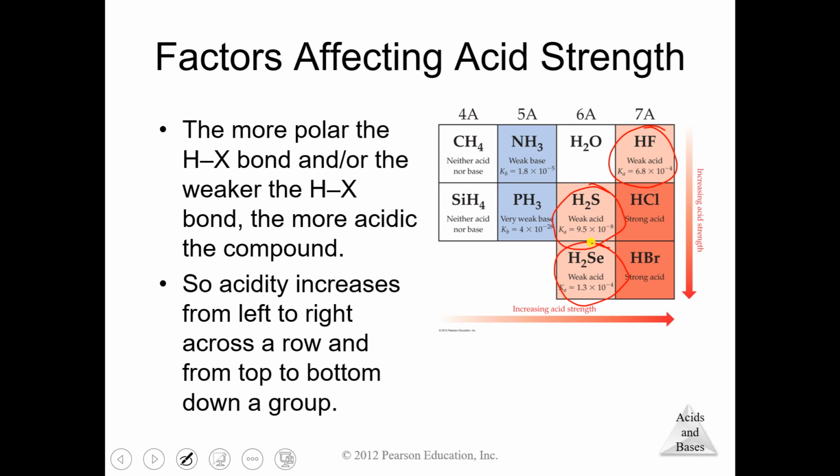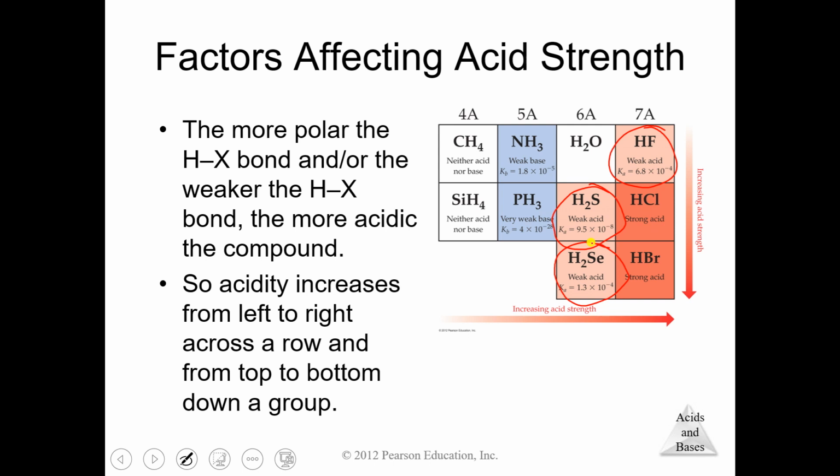They're actually weak acids because the bonds are very strong. The bonds are very strong and therefore not a lot of hydrogen ions can go out into solution. If not a lot of hydrogen ions can go into solution, then it's a weak acid. But it is weak because the bonds between the hydrogen and the anion are strong.